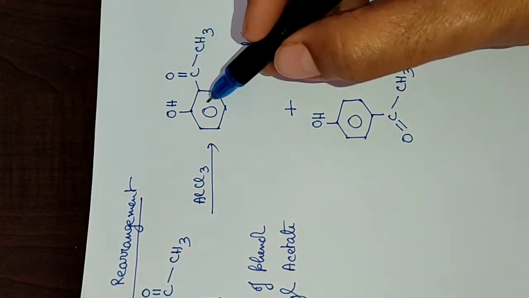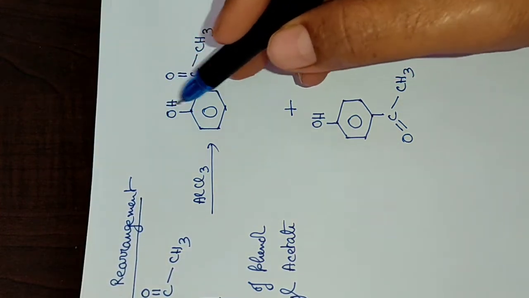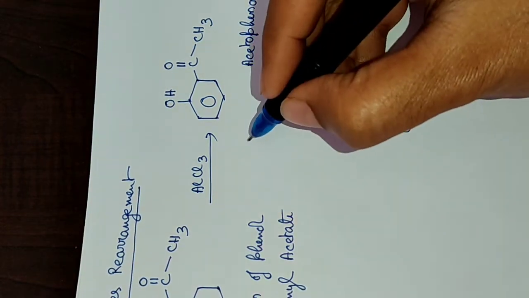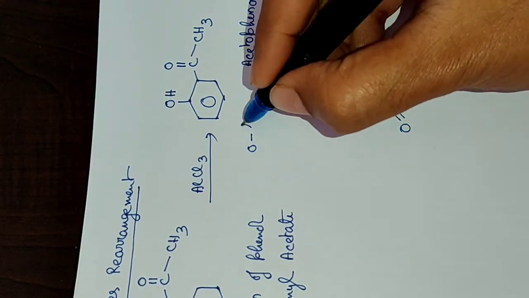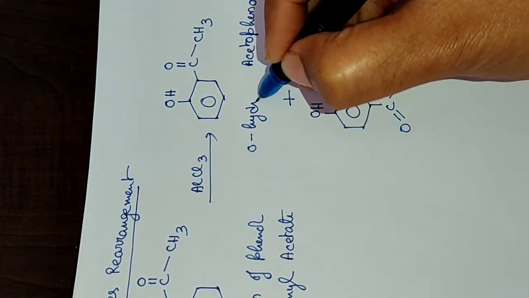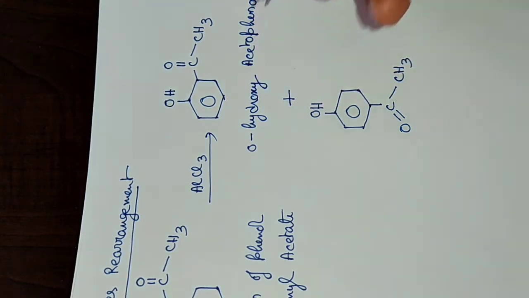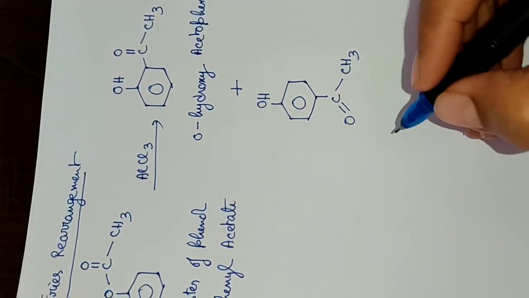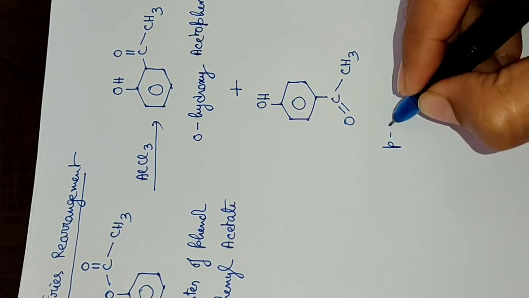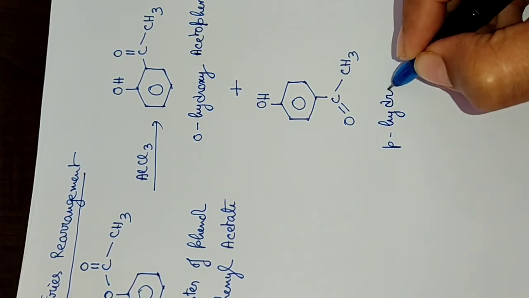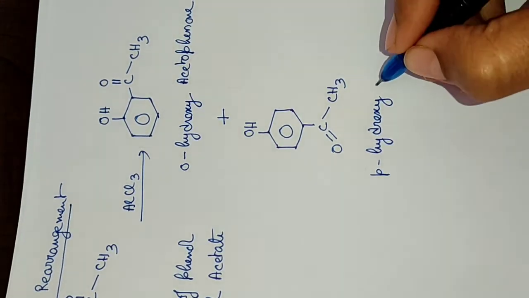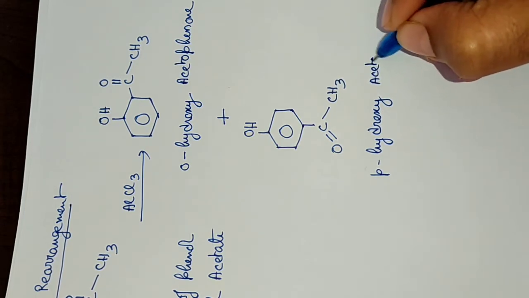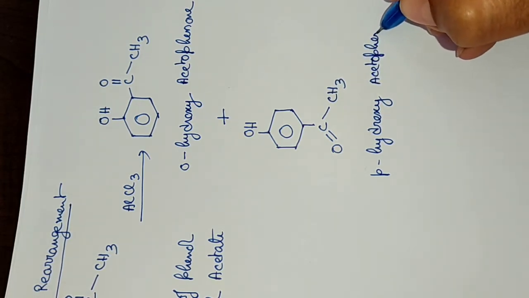But in acetophenone we have one hydroxy group at the ortho position. So we should write here ortho-hydroxy acetophenone. And this will be para-hydroxy acetophenone.